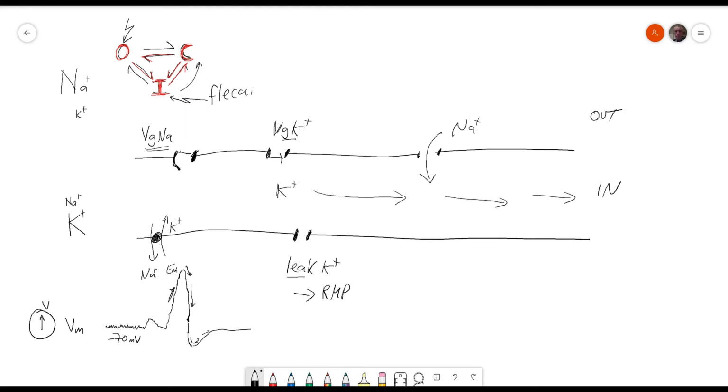The result of that is that you actually only get block when you get high rates of firing. So you're specifically blocking high rates of firing because you only see this inactivated state when you're at the top of the action potential.